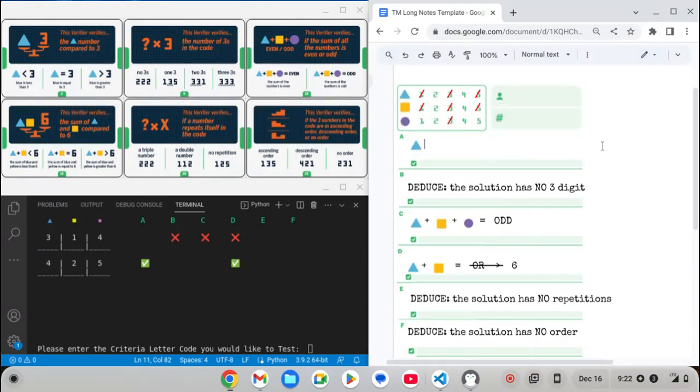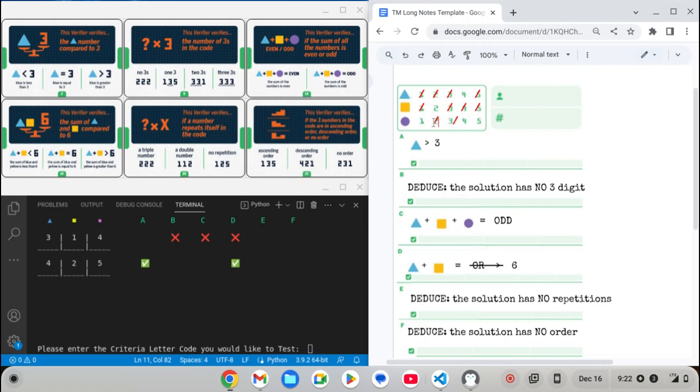And again, we'll say that triangle is greater than 3. Again, that would make triangle 4. So let's go ahead and cross out the 2. And as a reminder, our sum is 6 and no duplicates. So that means that square cannot be a 4. So far we've got 4, 2.